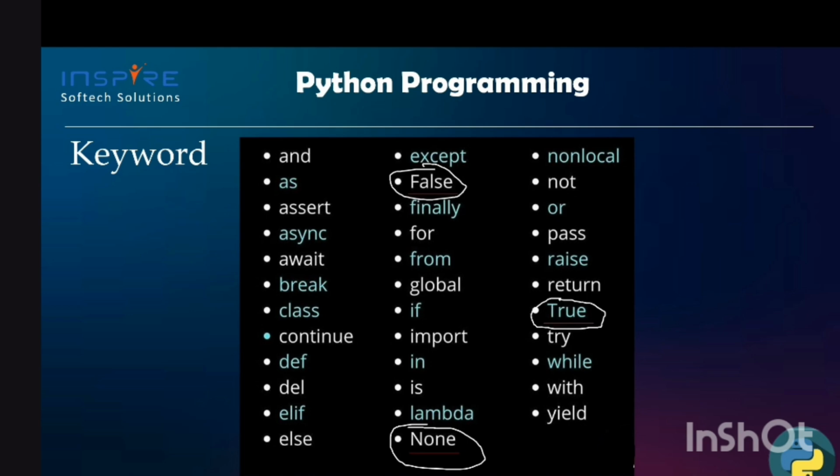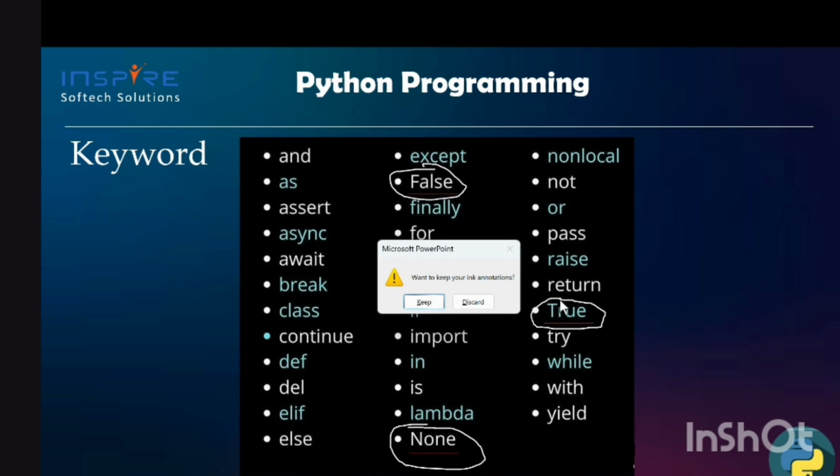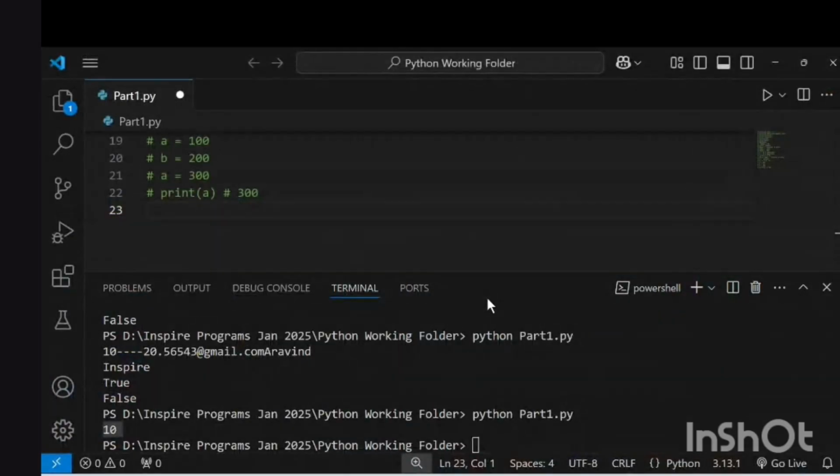In this entire list only three keywords have the first letter in uppercase: False has F in capital, None has N in capital, and True has T in capital. Remaining all the keywords are in lowercase only.